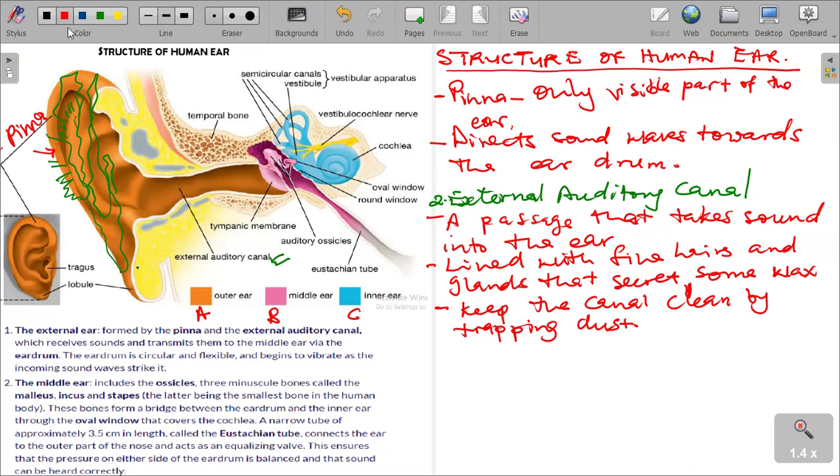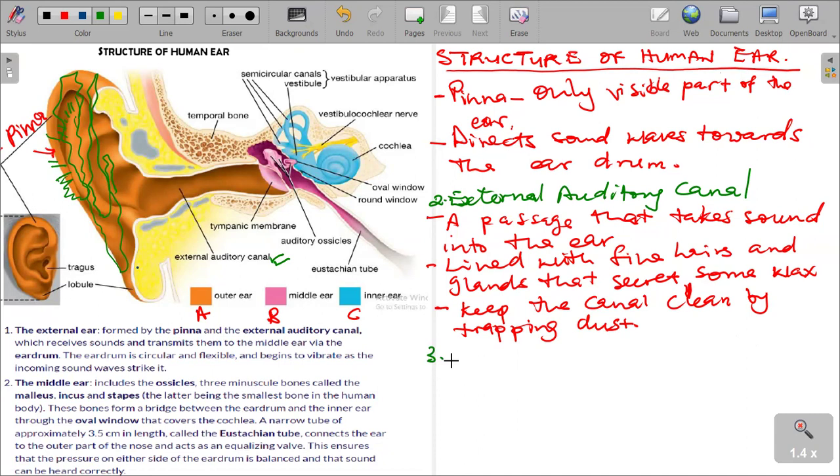And then we have number three, the tympanic membrane. The tympanic membrane is also known as the eardrum.